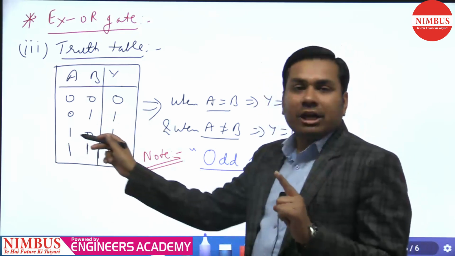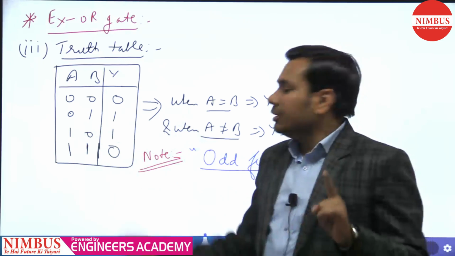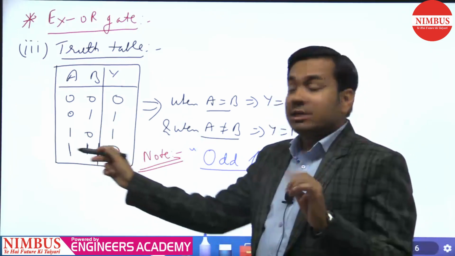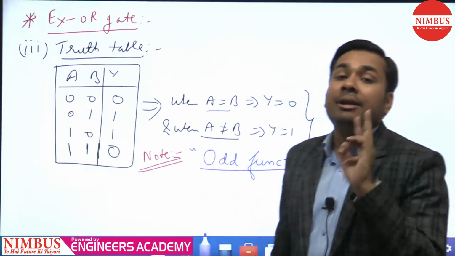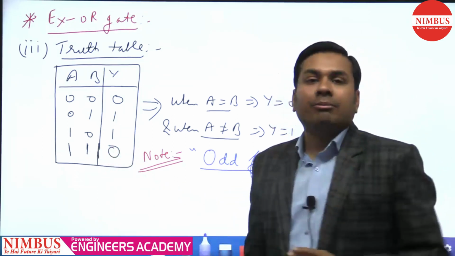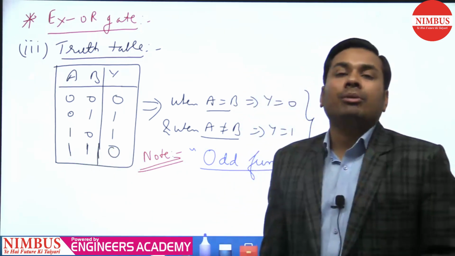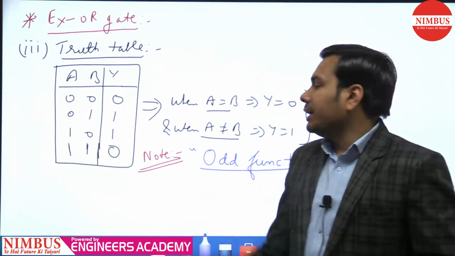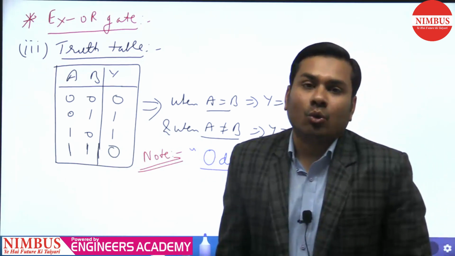For this combination we have an even number of ones, so our output will be logic 0, right?